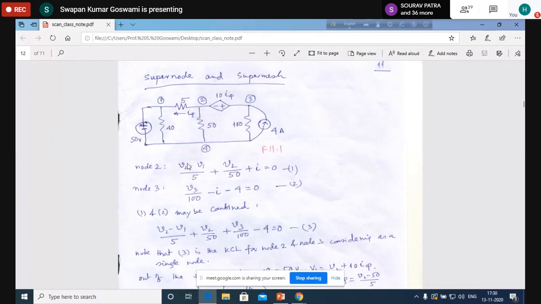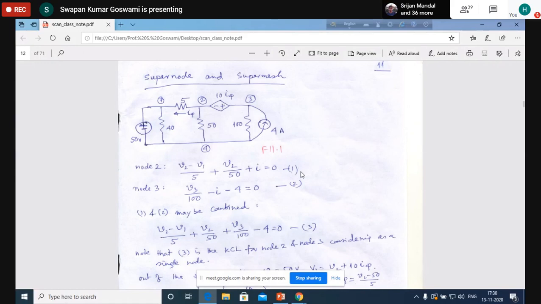This is the current flowing out of node 2 through the 5 ohm resistance. V2 by 50 is the current outgoing from node 2 through the 50 ohm branch. And through the dependent voltage source, we are assuming that the current flowing from node 2 to node 3 is I amperes. The summation of these three currents equal to 0 is the first equation. Is it clear?